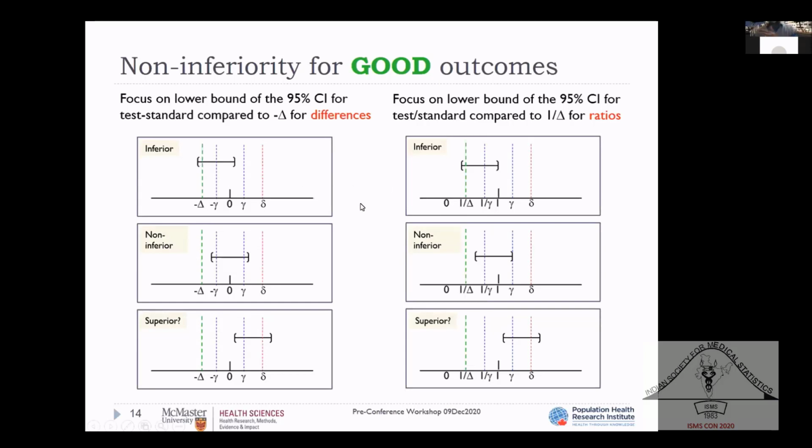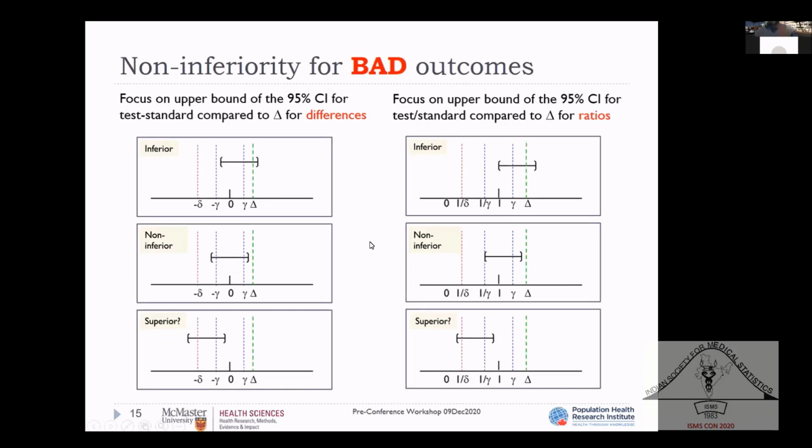If you're looking at ratios, it's a very similar diagram, except that now we're, of course, comparing against one, right? So here's one over here. But again, you would focus on the lower bound of the 95% confidence interval. If it's a bad outcome, it's the exact opposite, right? If you're taking the difference between the new versus the standard, then it would be superior if the entire confidence interval is below zero.